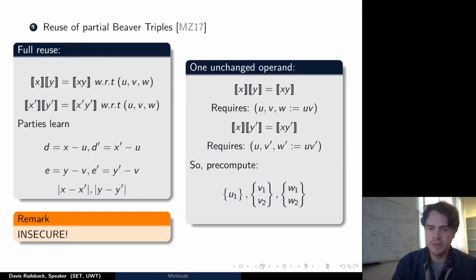You can imagine that as the number of these y's increases and x stays the same, in the online phase the number of triples that are actually being sent across the network approaches 50% of what it would be if you aren't reusing triples. So using this fact, we attempt to build protocols that reuse operands as much as possible.